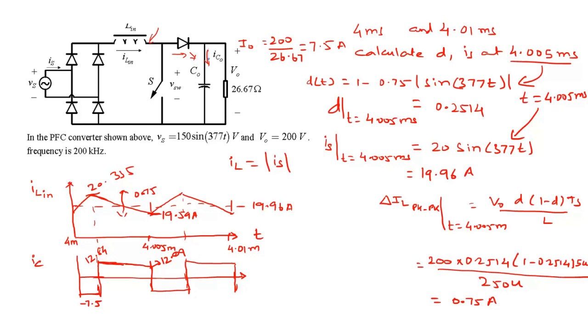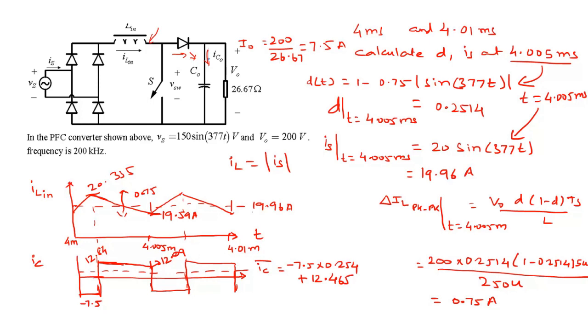Unlike DC-DC converters, the average value of IC is not 0. That is the difference between DC-DC converters and either AC to DC, as in this case, or DC to AC converters. So IC we can write it out: minus 7.5 for a duration of 0.25 TS, plus the average value of this, which is 12.465.